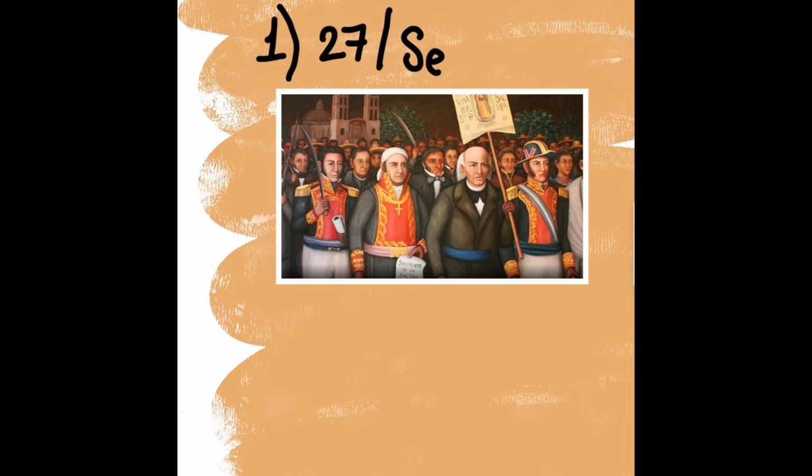In order to understand the design, we first must understand the historic context of Mexico at the time. First, on September 27th of 1821, that was the date when the Mexican independence was finally achieved after breaking free from Spaniard oppression.